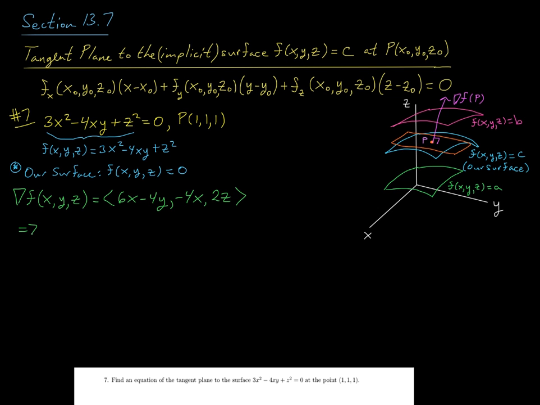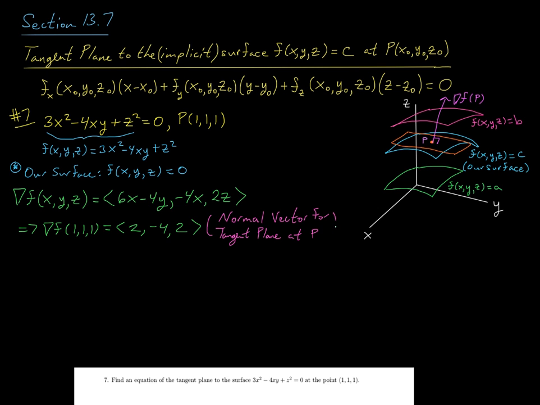So then if I evaluate this gradient at our point, whose coordinates are 1, 1, 1, I'm going to get the vector (2, -4, 2). And as we were saying over here, this gradient will serve as a normal vector for the tangent plane whose equation we're looking to find.